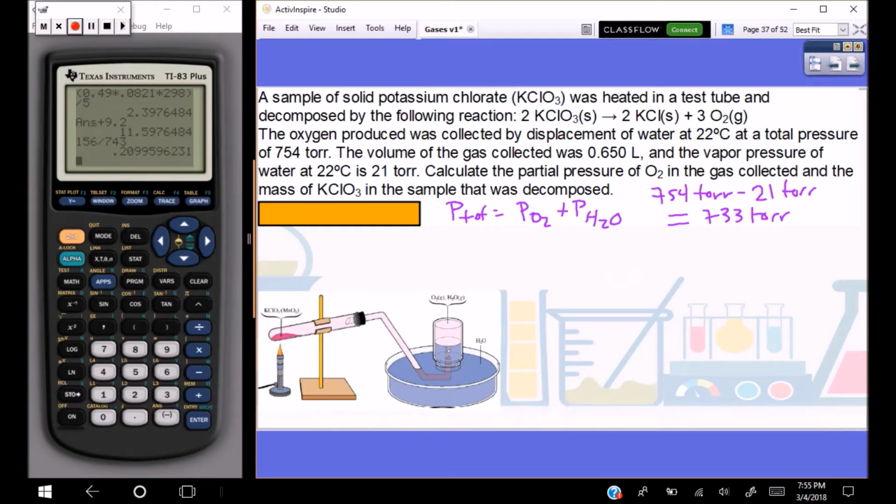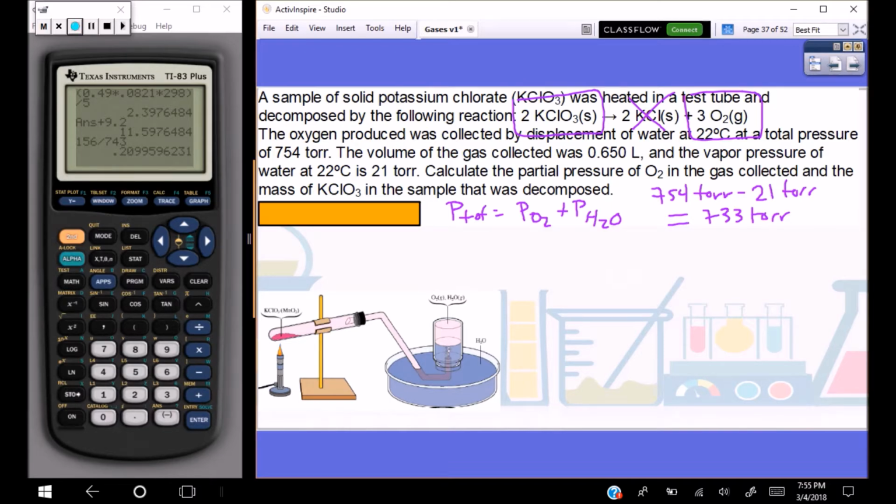Okay, so now here's where it's tricky. We need to figure out the mass of potassium chlorate. This is where the gas stoich comes in. Well, if I'm looking for the mass of this, I don't know anything about this. The only other thing I can possibly use to get the mass of that is figuring out the mass of oxygen.